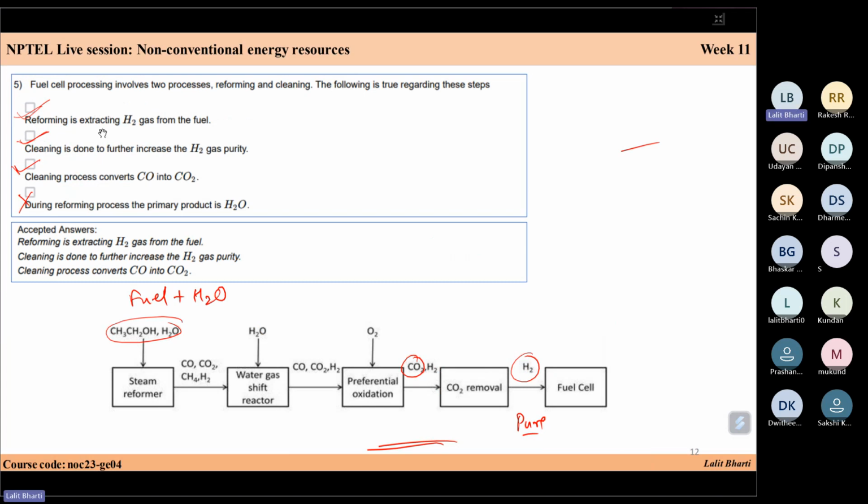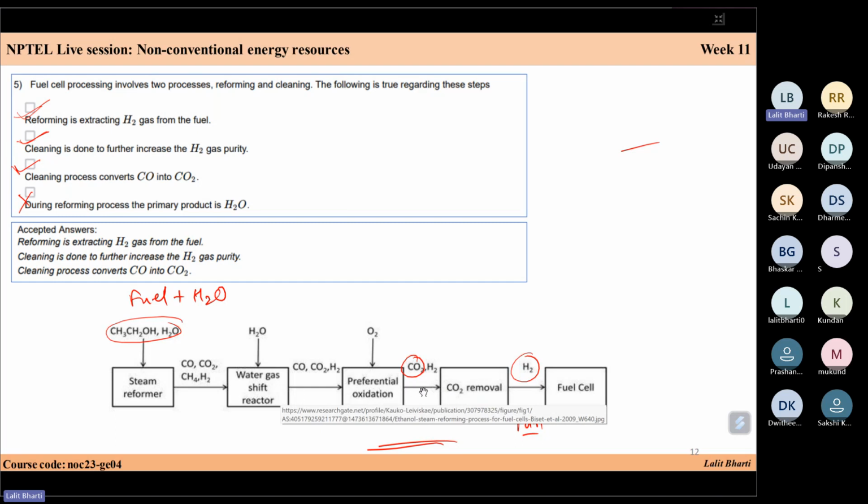So reforming is the extraction of H2. Yes, that is correct. You are getting H2 after reforming. Cleaning is further done to increase the H2 purity. This is basically the preferential oxidation and the water gas shift reactor. These are cleaning processes, for CO2 removal.